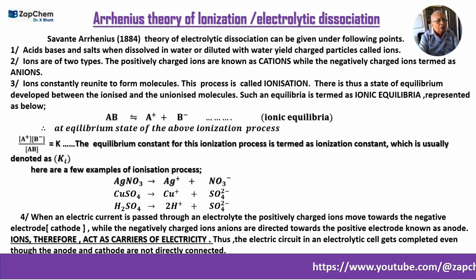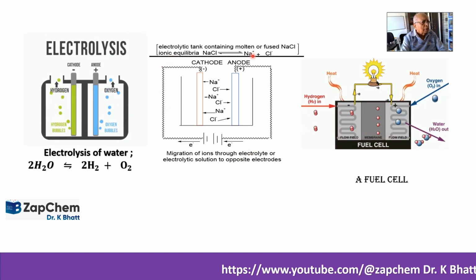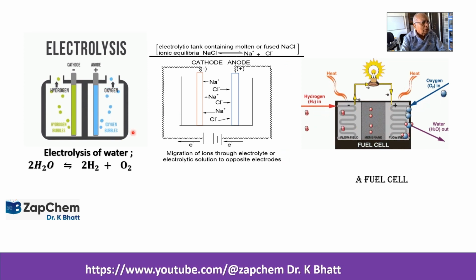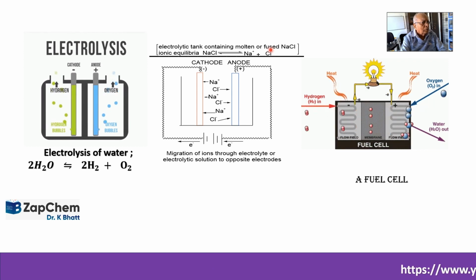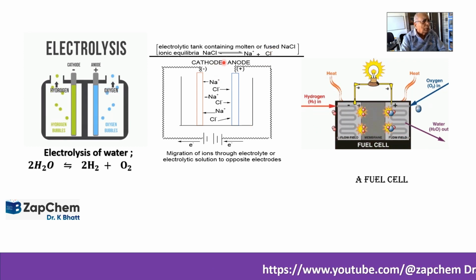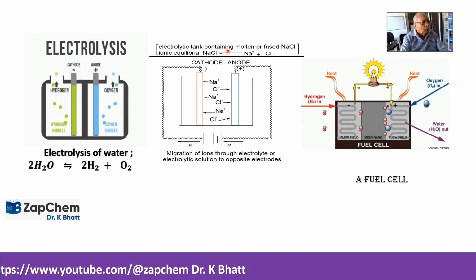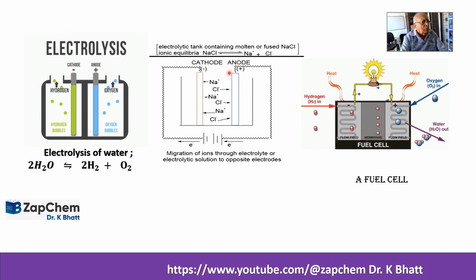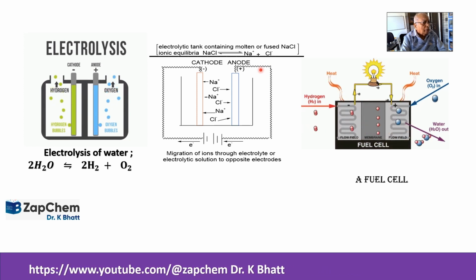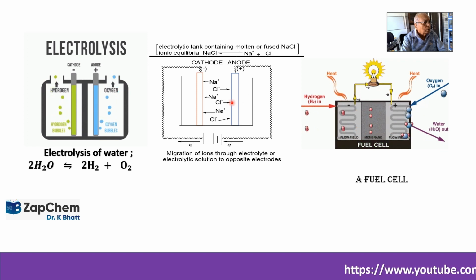Now, let us see, here is a chart representing an electrolytic tank, means a vessel in which electrolysis is carried out is known as electrolytic tank. We have taken a simple example of sodium chloride in a fused state. When sodium chloride is taken in the fused state, means at melting point, it forms Na ion and the chloride ion. Here is a cathode and anode.